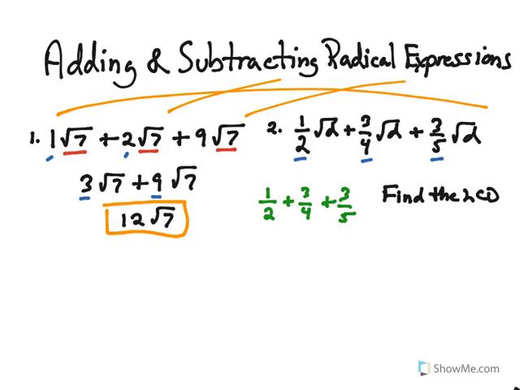If you want to find the common denominator, you can make separate columns: 2, then 4, and then 5. And we want to make multiples of all of those numbers.